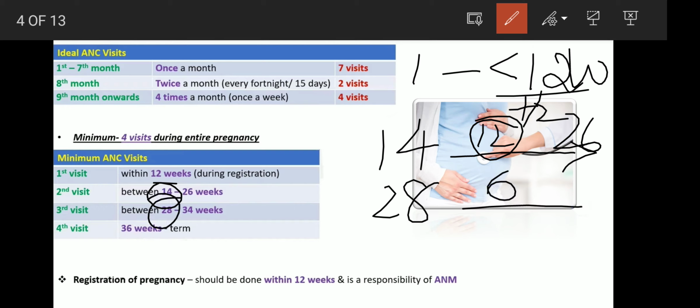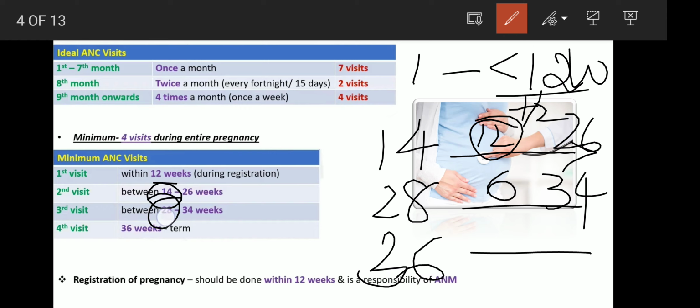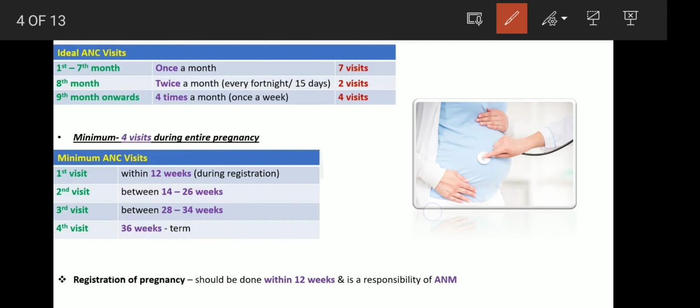Add 6 here and we get 34. When we come here we add plus 2, 36. We got the fourth visit. I hope it's clear. Here I'll show you: 12 weeks, 12 plus 2 is 14, 26 plus 2 is 28, 34 plus 2 is 36.